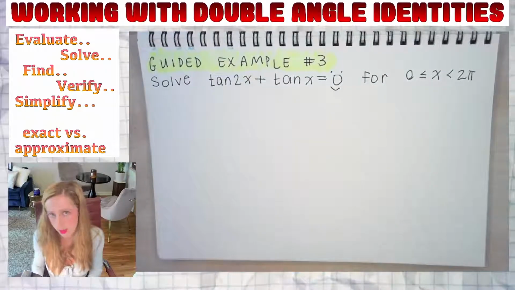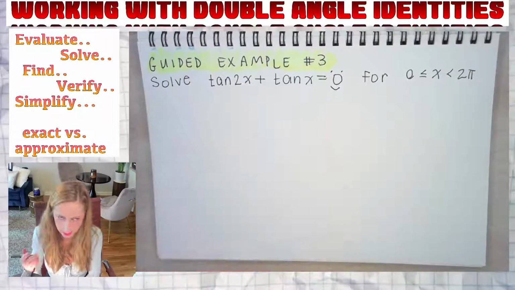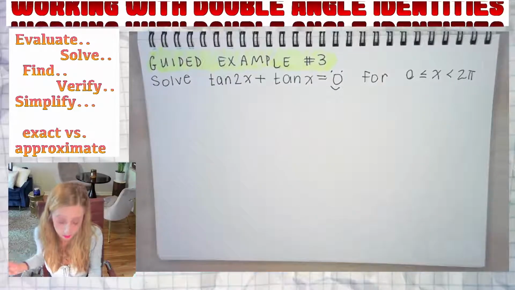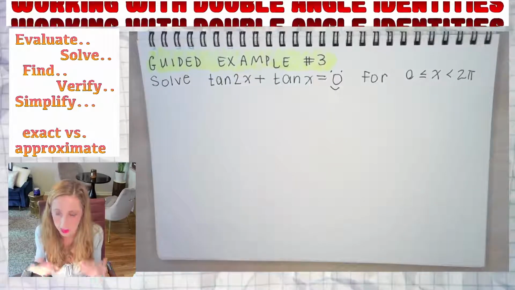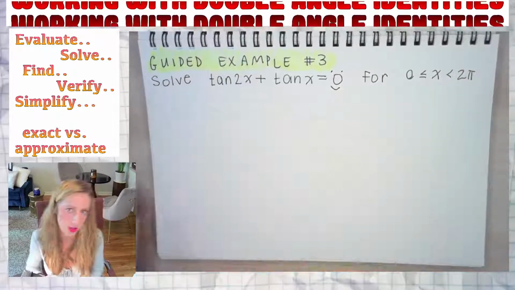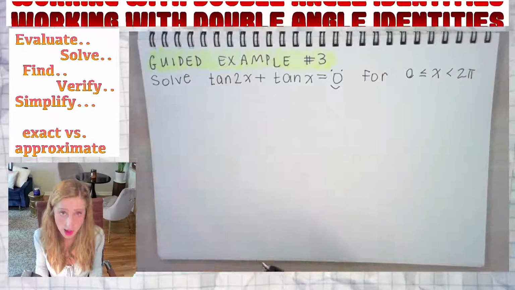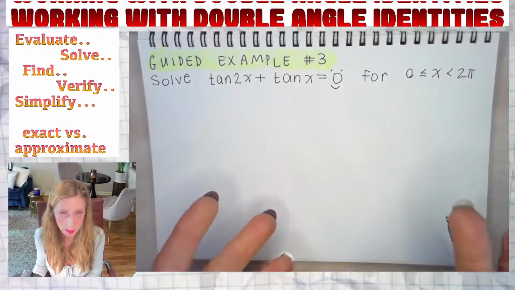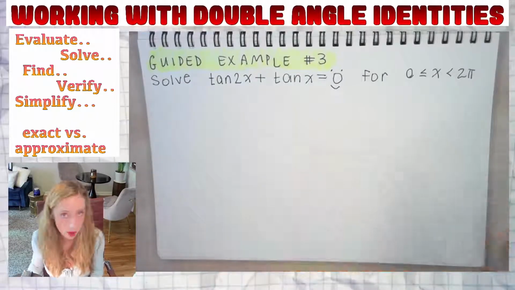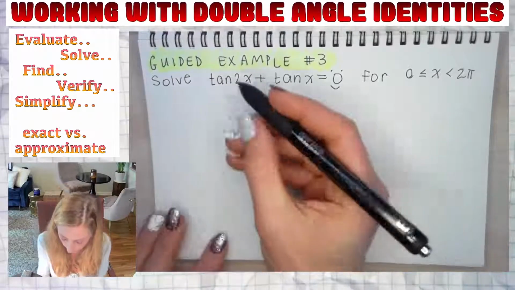I need it to just be an angle like x, or I need to somehow double that. But it's much easier to use our double angle identity, rewrite this, clean this up, and go. So all you're going to do is rewrite tan 2x as the double angle identity for tangent, and you won't have 2x anymore. It'll be just tan x everywhere.